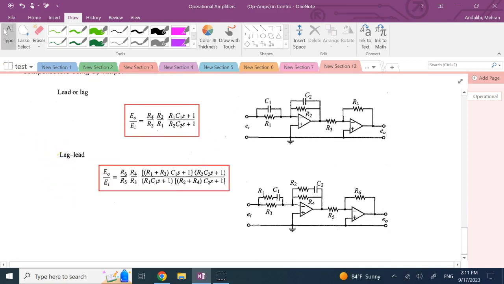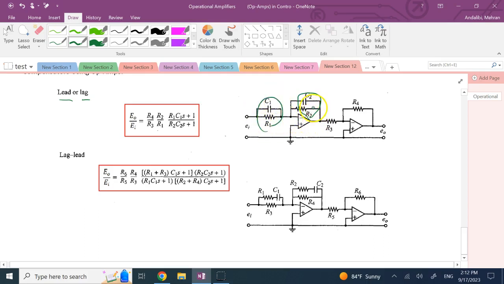If you look at them, on the top you have lead or lag, where you can see the difference is this time you brought that capacitor of the output and that resistor, you made them parallel as well, like the input.